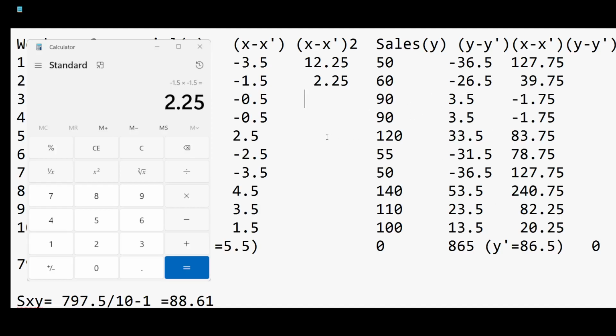Then you have negative 0.5 times negative 0.5, which is 0.25. Again 0.25.